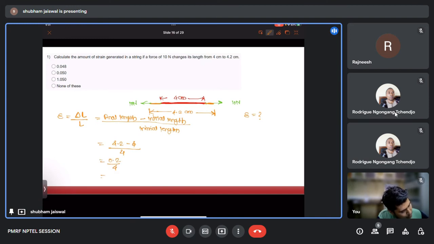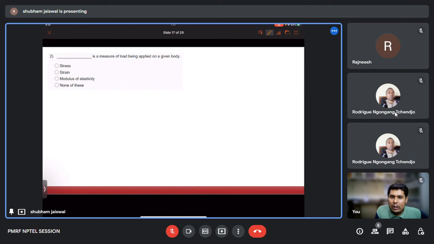This comes out to be 0.050. So the correct answer will be the second one, 0.050. So moving to our next question: what is the measure of load being applied on a given body? Stress, strain, modulus of elasticity, none of these.